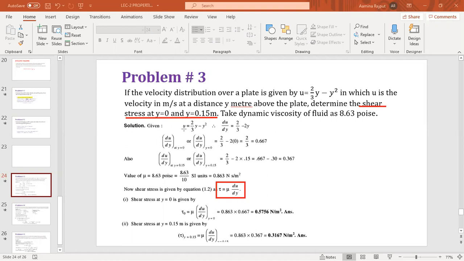Simply take the derivative of u. We know derivative of y is 1, so it will be 2/3 into 1, and derivative of y square is 2y. So the first, or you can say the most important part, is to determine this expression. So this is from your basics. I believe everyone could do it.